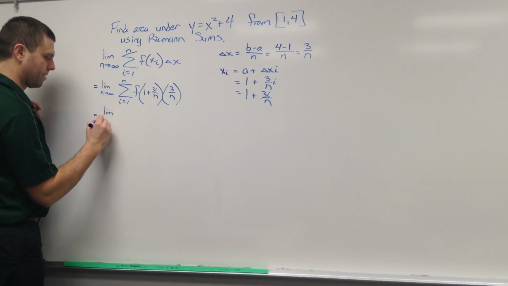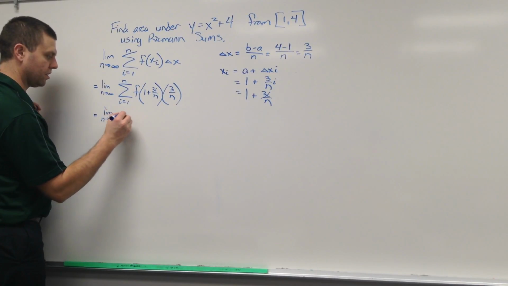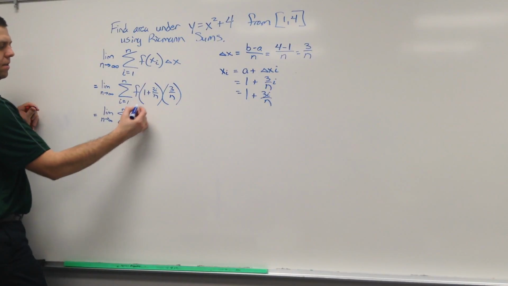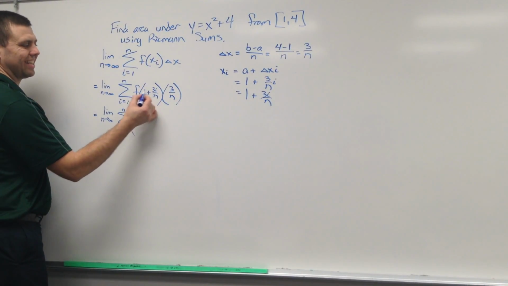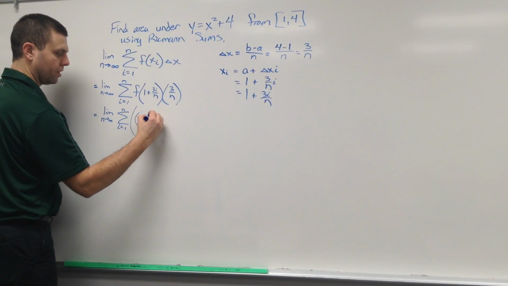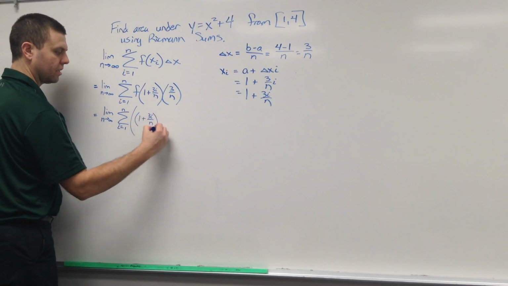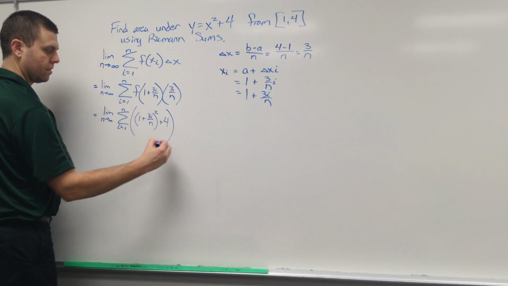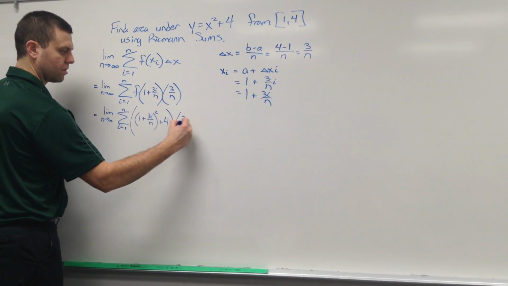So the limit as n approaches infinity of the sum as i goes from 1 to n. If I take this and substitute it into the function, I get 1 plus 3i over n squared plus 4, all of that times 3 over n.